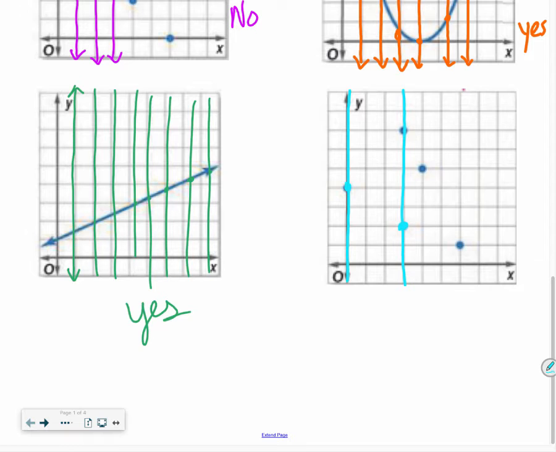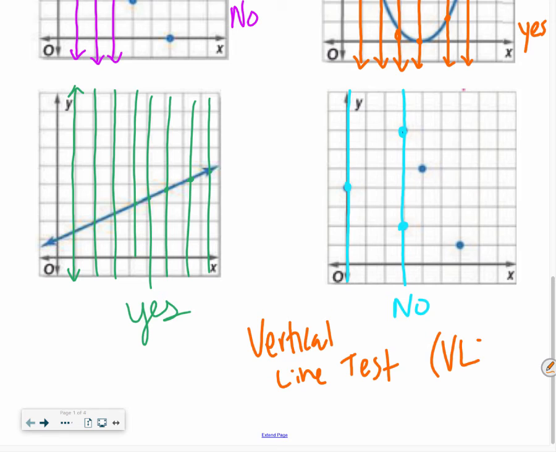So I look, I see, oh, I have 2 dots in that same spot. So this means no, it is not a function because it failed our vertical line test. And just in case you see it abbreviated, it's often abbreviated like that, okay? So if I ask you to do the vertical line test, that is what you should be doing to test if it is a function.